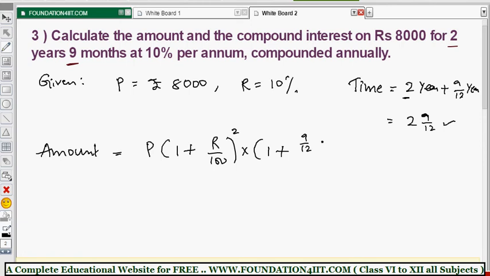Here 9 by 12 is months, and R by 100. Years means only can write. So this time is 9 by 12 in terms of years now. We will simplify. Just substitute in the place of R and P.